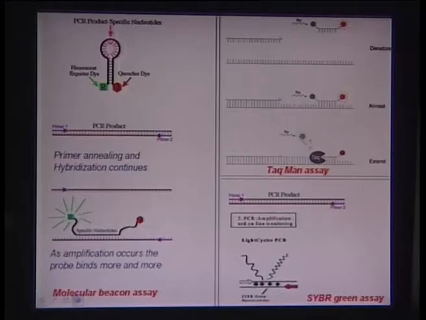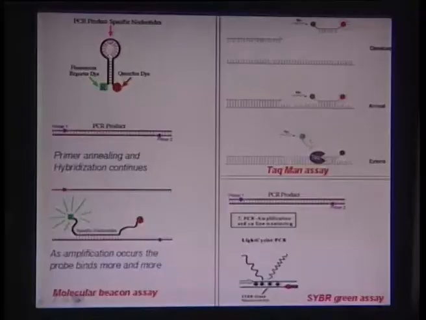So, let us look at some of these different dyes, or how innovatively we can make a combination of the dyes and the primers so that the RT-PCR process can be successfully executed.